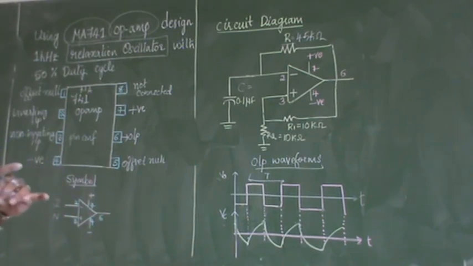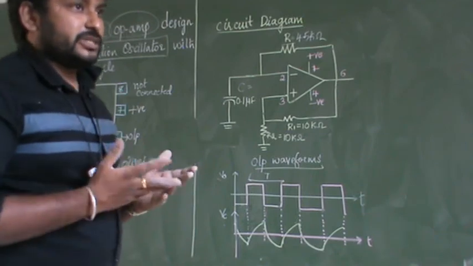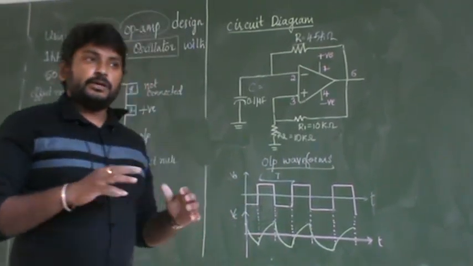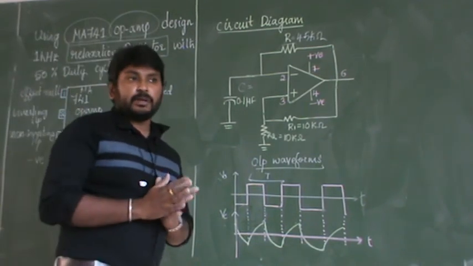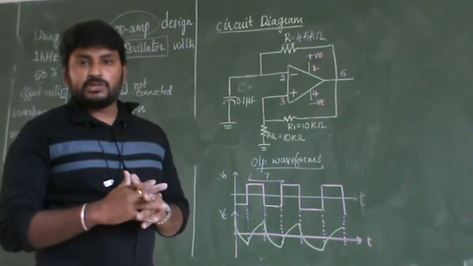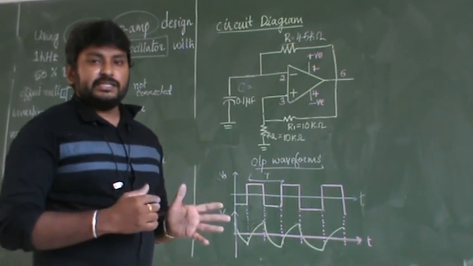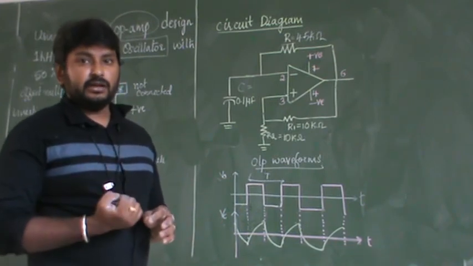Let me briefly explain what an oscillator is and what you are actually doing in this experiment. In this experiment, we are designing the relaxation oscillator using a 741 op-amp. What is meant by a relaxation oscillator? It generates a free running square waveform.